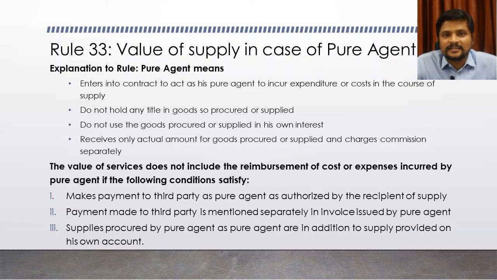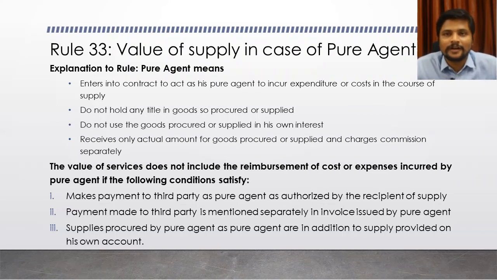So the agent goes to the particular shop and buys the goods required by me, purchases on my behalf, and gets the actual bill. He gets that amount as a reimbursement from me, and for the service provided by the agent, purchasing the goods and giving them to me, he charges commission separately. So in that case, that particular person is called a pure agent.